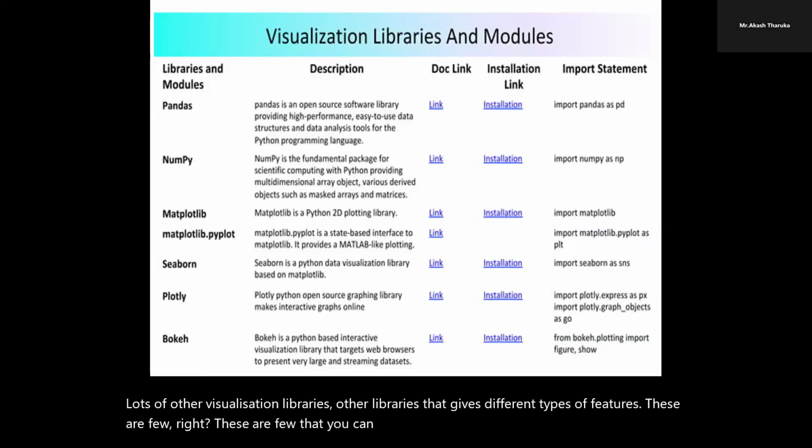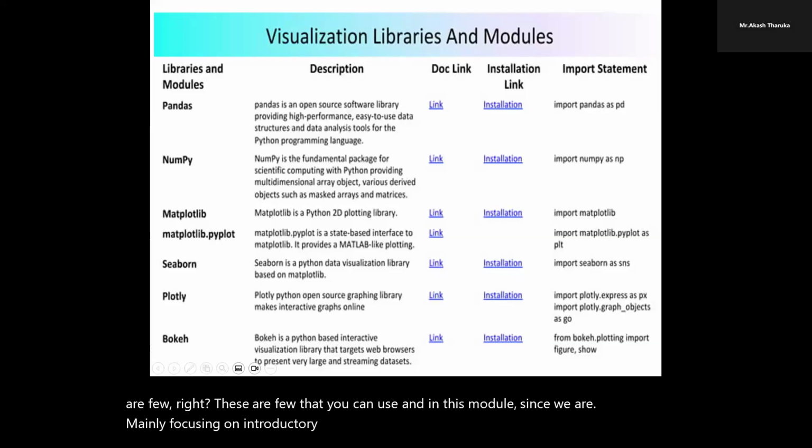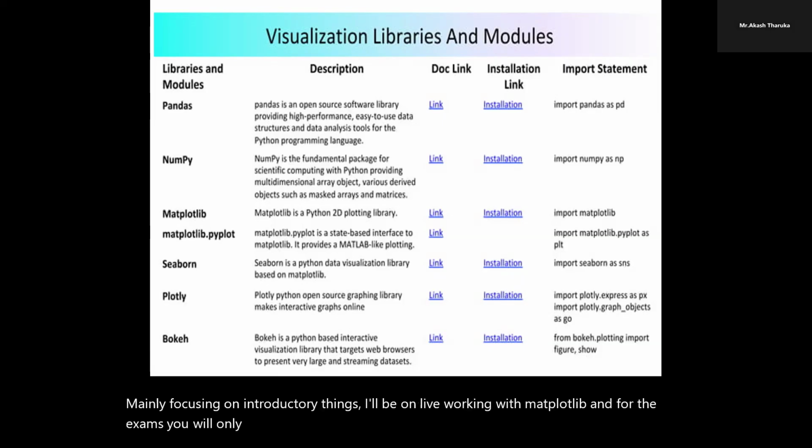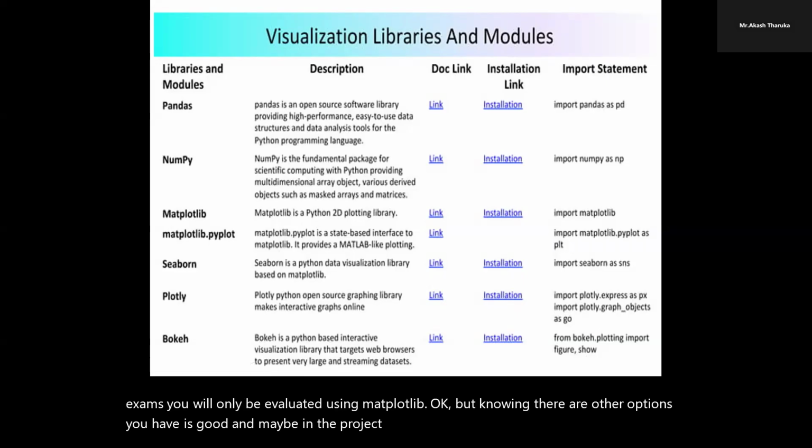And in this module, since we are mainly focusing on introductory things, I'll be only working with Matplotlib. And for the exams, you will only be evaluated using Matplotlib. Okay. But knowing there are other options is good. And maybe in the project that you have to present, you can use other options, right?